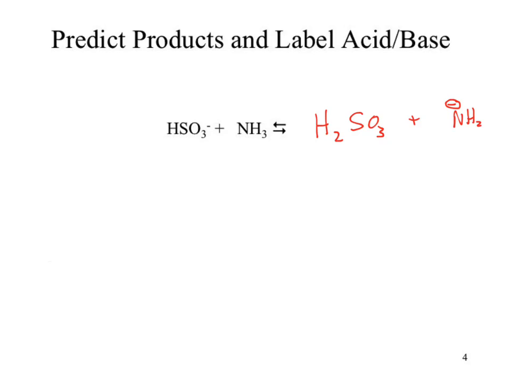What did HSO4 minus or HSO3 minus act as? If it acts as an acid, what is it going to do? Donate a proton. So that if I look at the product of HSO3 minus and find the most similar thing on the product side, HSO3 minus should have what? If it's acting as an acid.